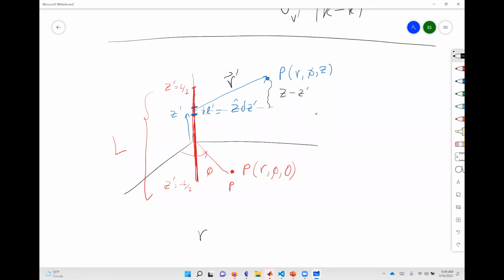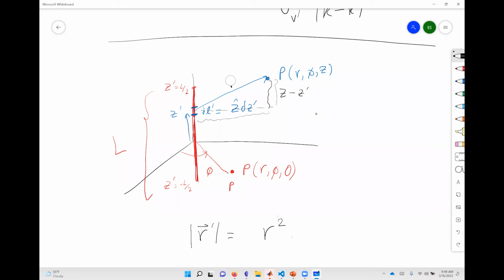So that's easy. So R prime magnitude. You're going to need this distance to apply the Pythagorean theorem, right? What is this distance here? This distance is R. What is this distance? Z minus Z prime. I think it's confusing. Why does he use small r?